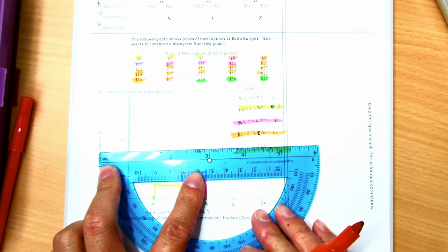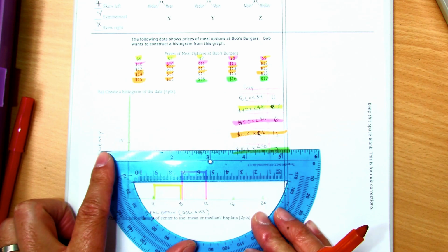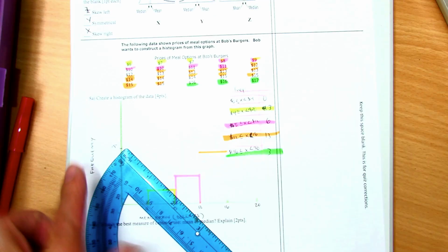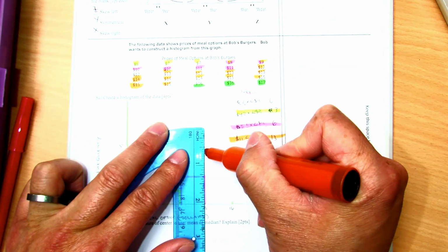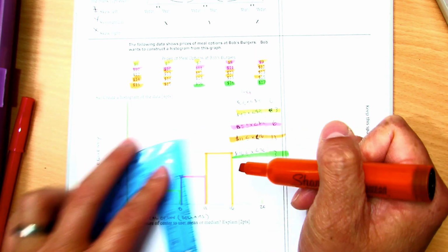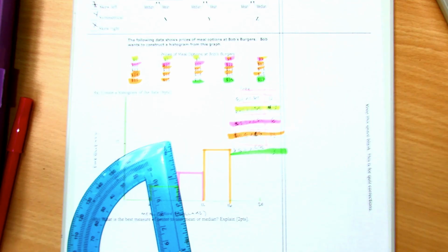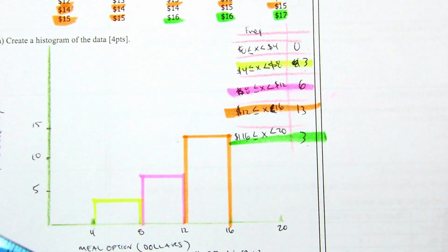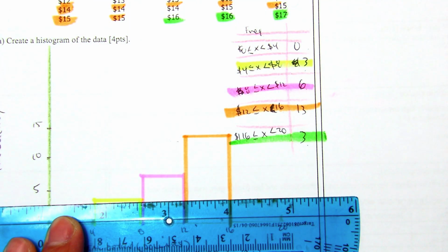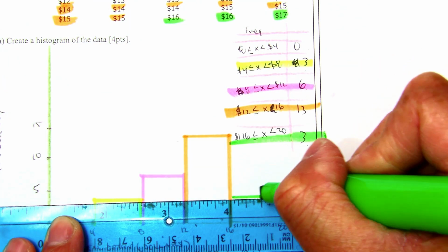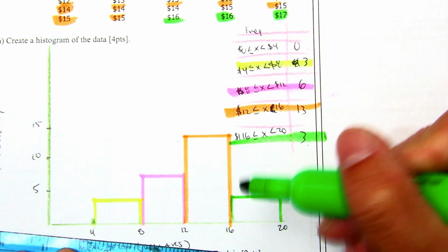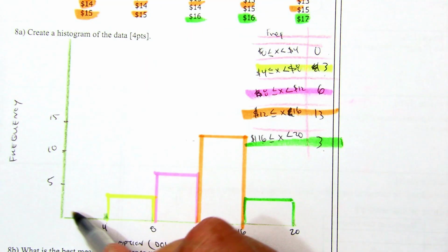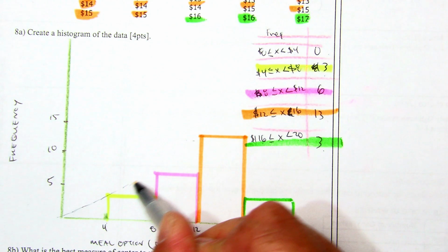So I'm going to go up to 13 here. And then I'll have 3. So that's the same height as the yellow one.